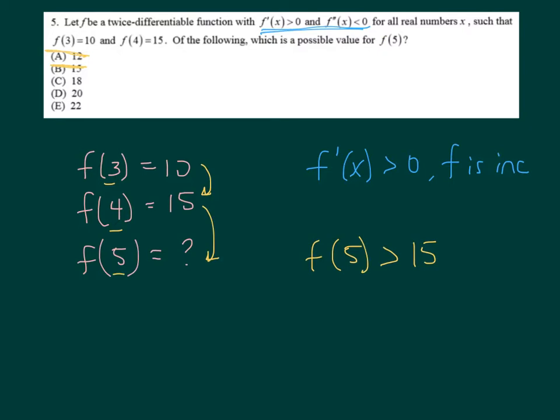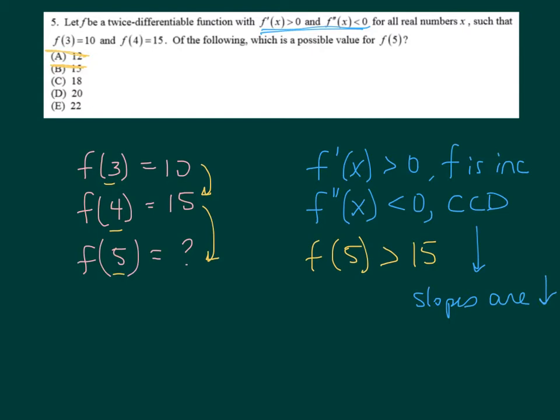Well, that's where the second derivative comes in. The second derivative is less than 0. What does that mean? Well, first of all, I know second derivative talks about concavity, so it means that I'm concave down. All right, if I'm concave down, what does that mean about the slopes of my graph? Remember, concave down means, first of all, it's increasing, but it's increasing at a decreasing rate. So that means my slopes are decreasing.